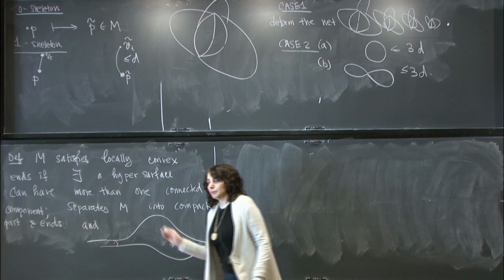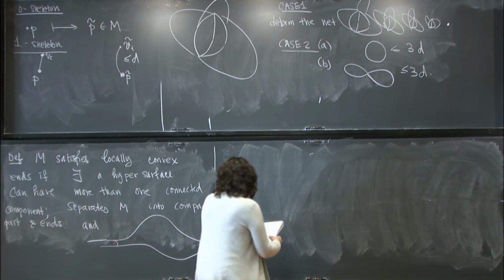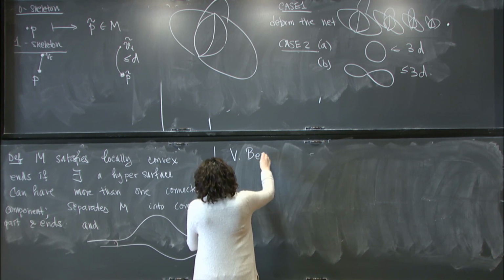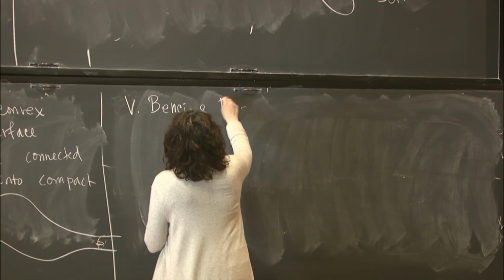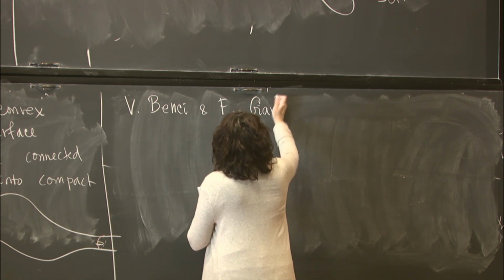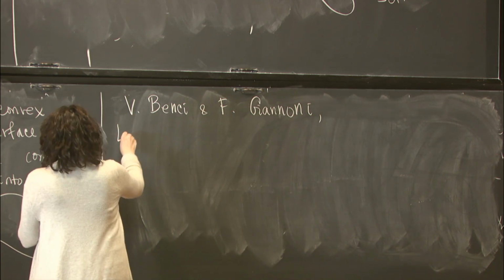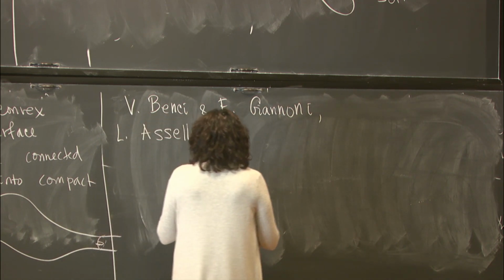So with this problem, we're dealing with it in the following way: if the curve leaves us, then goodbye, we are not interested in this curve anymore. The people that contributed are Benci and Giannoni, and more recent are Asselle and Mazzucchelli.